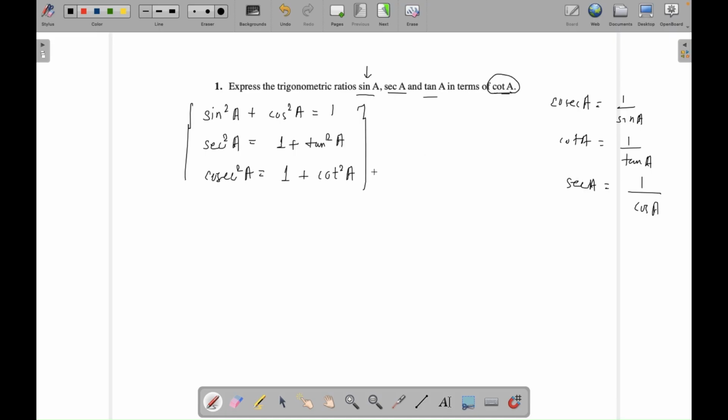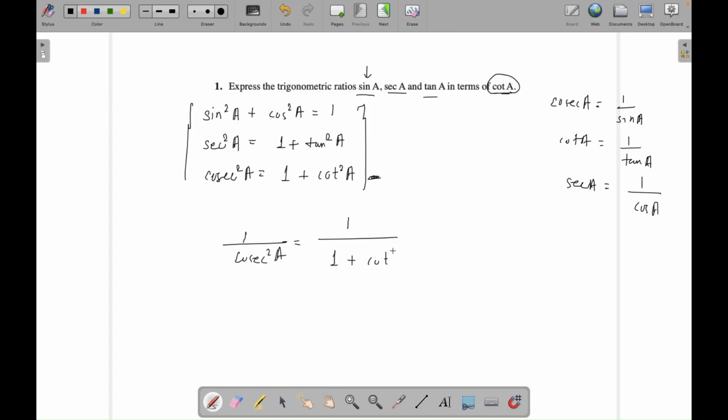If you look at the third one, it has cot A. And then we have cosec square A, so we can write this as 1 upon sin square A because cosec A is 1 upon sin A. Now, what we can do is 1 upon cosec square A is equal to 1 upon 1 plus cot square A, so I'm flipping both the sides.